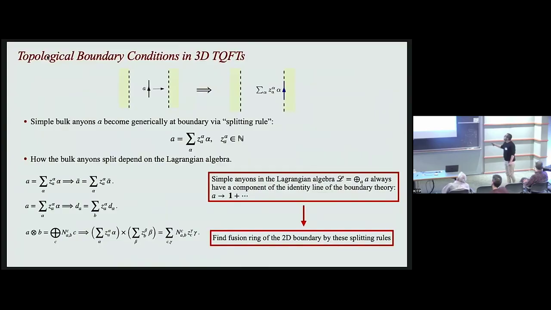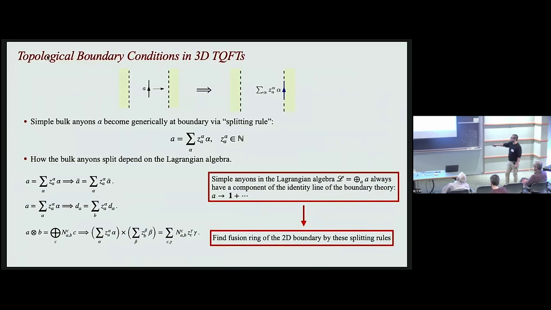Good. So how are we going to find this fusion category? Essentially, the statement is that if we take any line operator of the full 3D TQFT, which is our product of Chern-Simons theories, we can push the line to the boundary. And this will split the bulk anion into a linear combination of simple line operators of the fusion category of the 2D theory. So there are a bunch of conditions that the fusion ring has to satisfy.